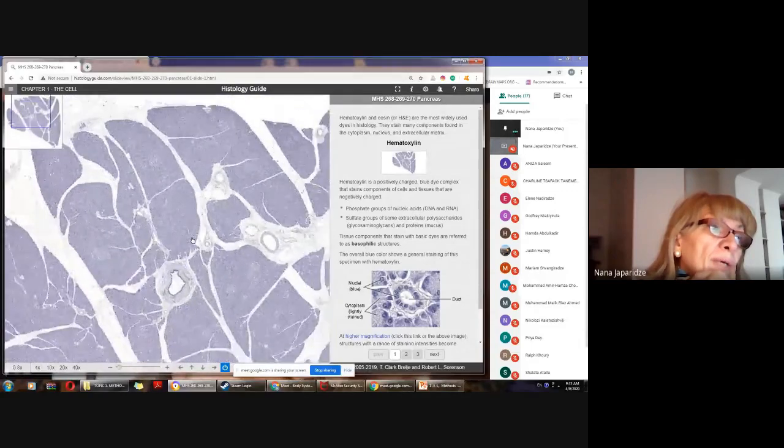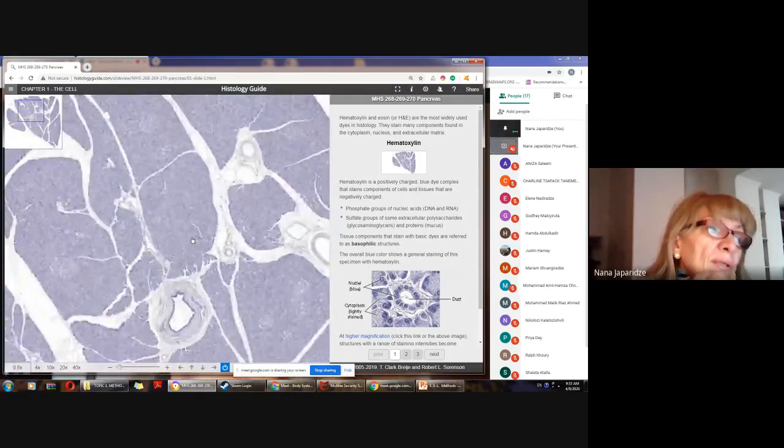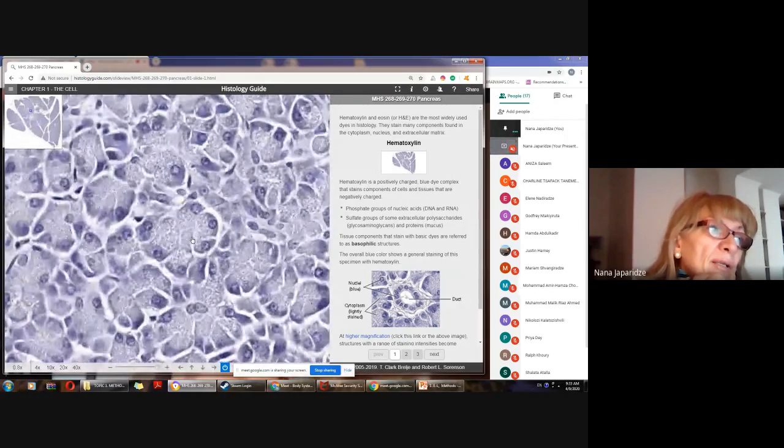But when we magnify the image, the field of vision becomes smaller and smaller. So the maximum of magnification here is 40.